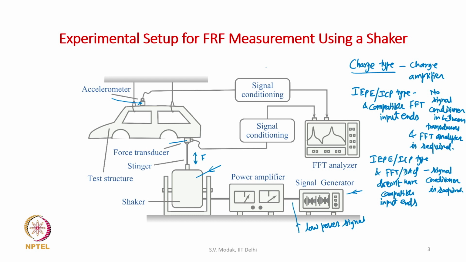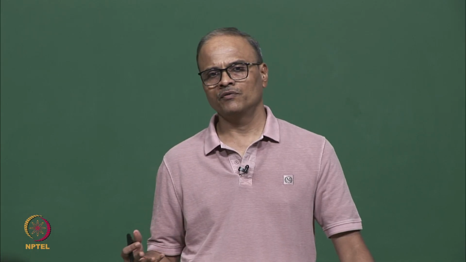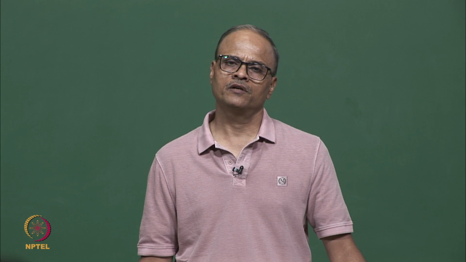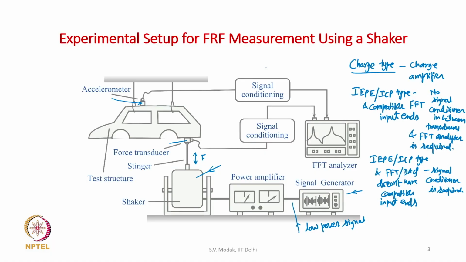So, we require signal conditioning for each of the outputs of these two transducers. Once these signals are acquired in the FFT, the FRF can be estimated, as we have studied earlier.